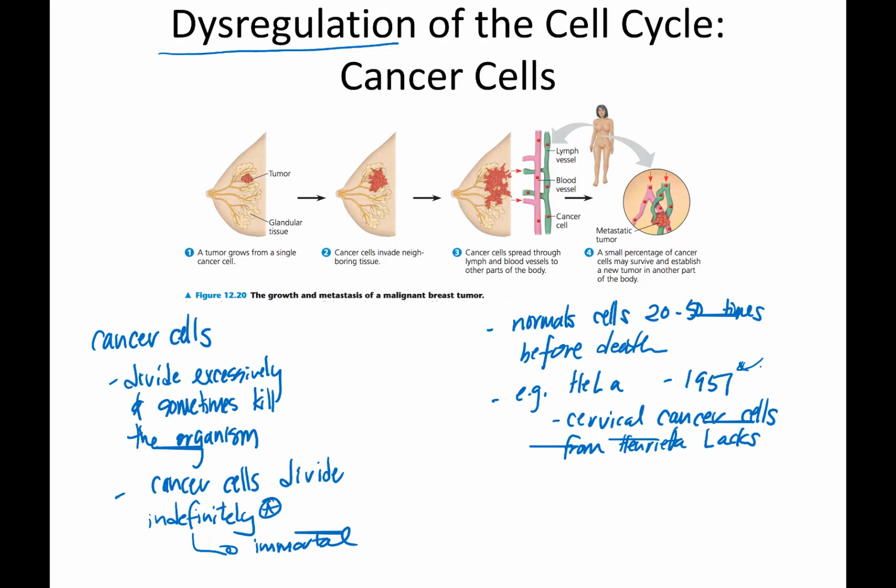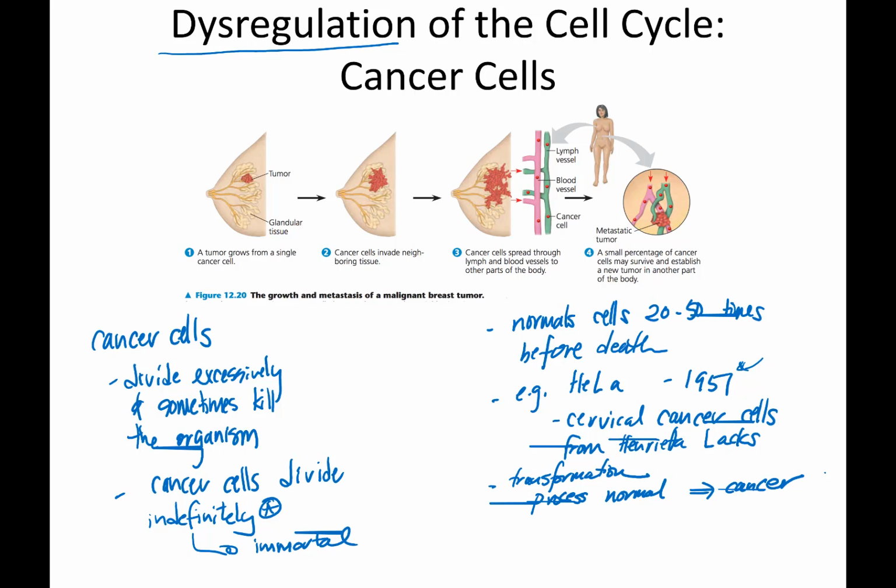So what happens when normal cells become cancerous? It's called transformation. It's a process where normal cells become cancer cells. They get transformed. And usually our immune cells are excellent at picking up these cancer cells and killing them as a foreign object.